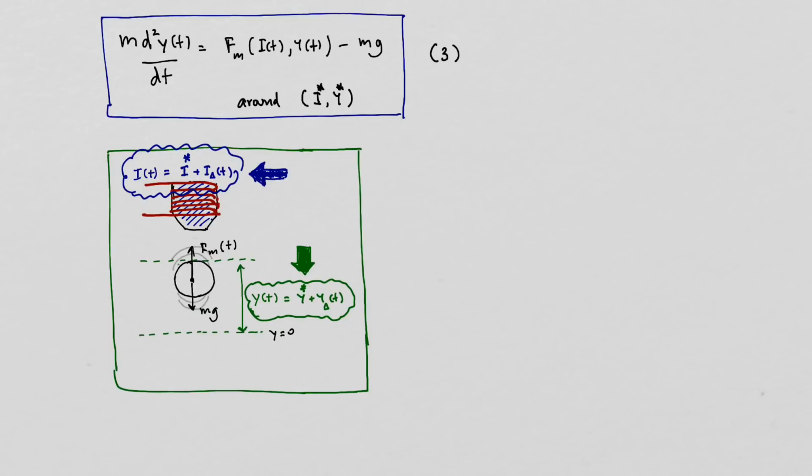The first step is to consider the behavior of equation 3 around the nominal operating condition, that is, around the nominal current value and nominal position value y. Here we see that the current is a summation of the nominal value plus some small deviation around it. Also, the position y is a nominal y plus a deviation of y around it.